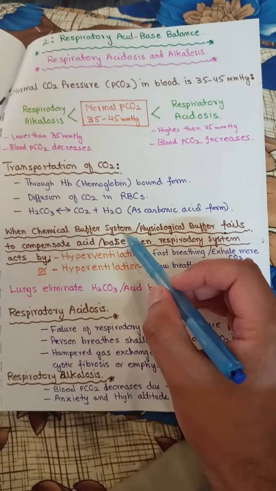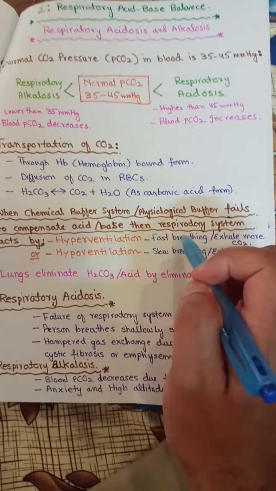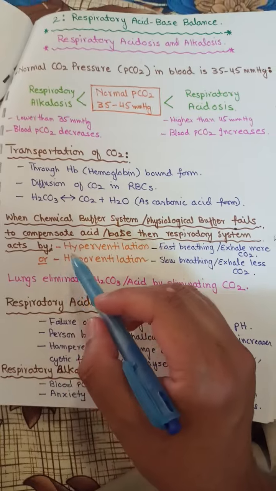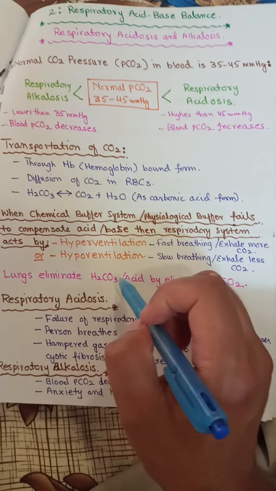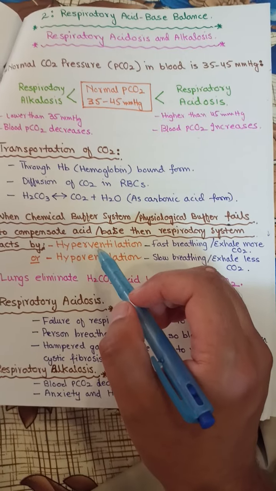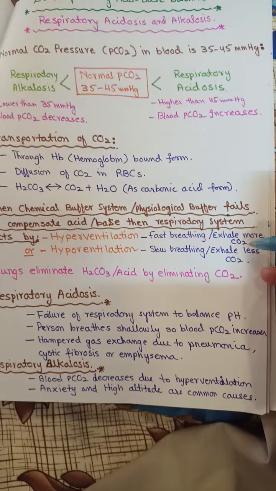When the chemical buffer system or physiological buffer system fails to compensate the acid-base balance, then the respiratory system acts. How does the respiratory system act? It acts by hyperventilation or hypoventilation. In hyperventilation, fast breathing occurs, so we exhale more carbon dioxide.